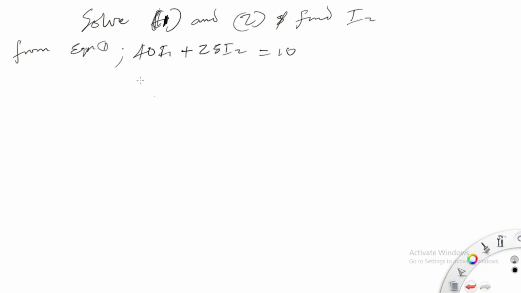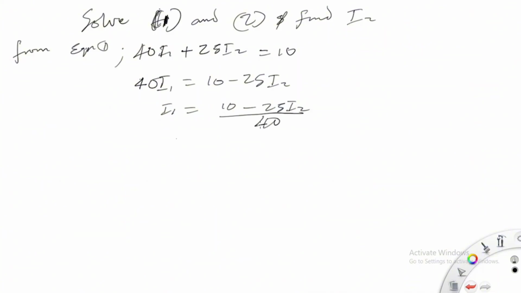So we can make I1 the subject. Now we would have 40 I1 is equal to 10 minus 25 I2. So we would have I1 is equal to 10 minus 25 I2 all over 40.